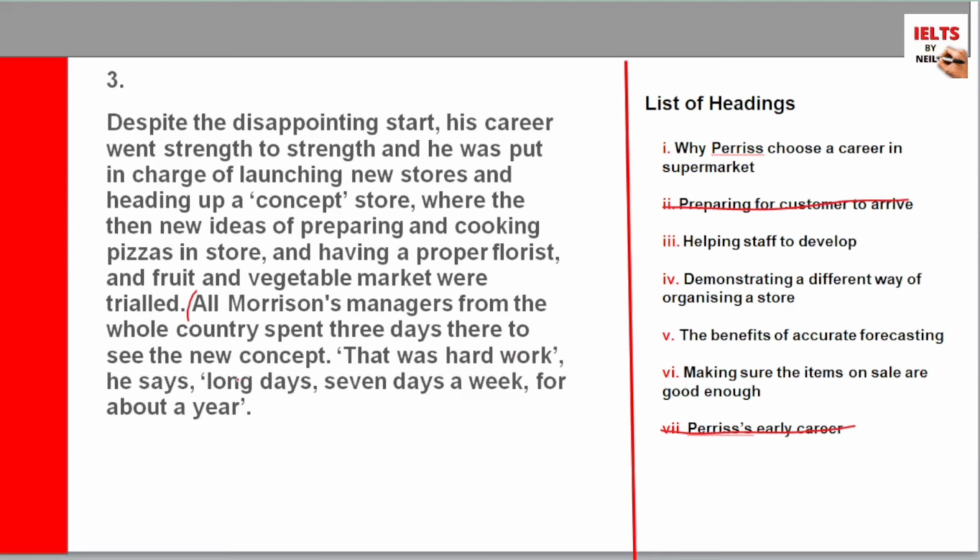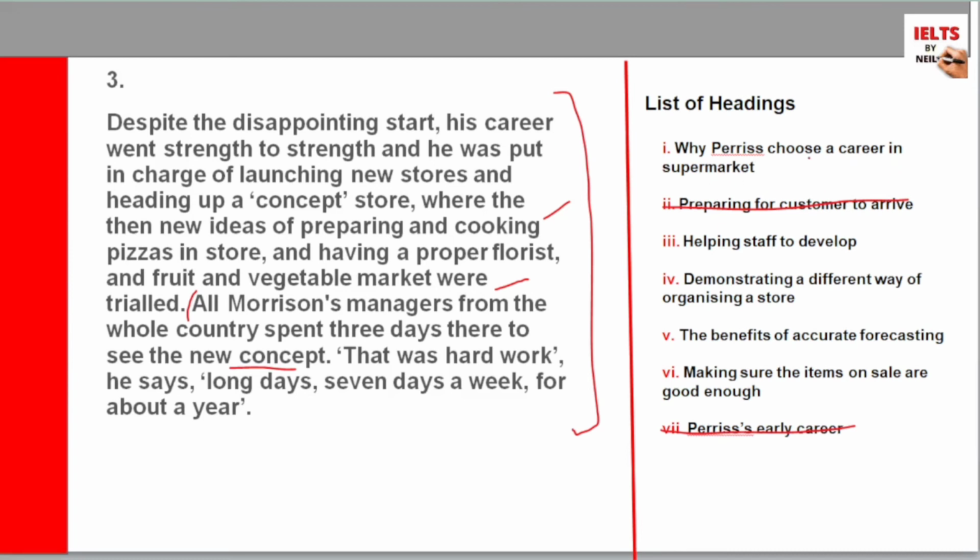So they are talking about the new concept here of the store. That was hard work. He says long days, 7 days a week for about a year. So they're talking about the new concept of the store, preparing and cooking pizzas, having a proper fruits and vegetable market trialed.